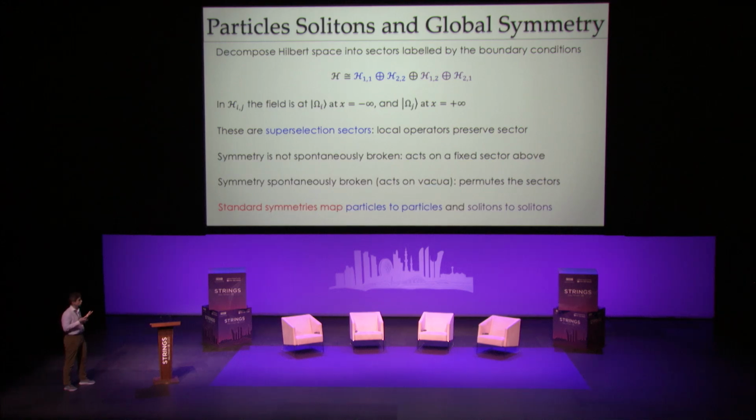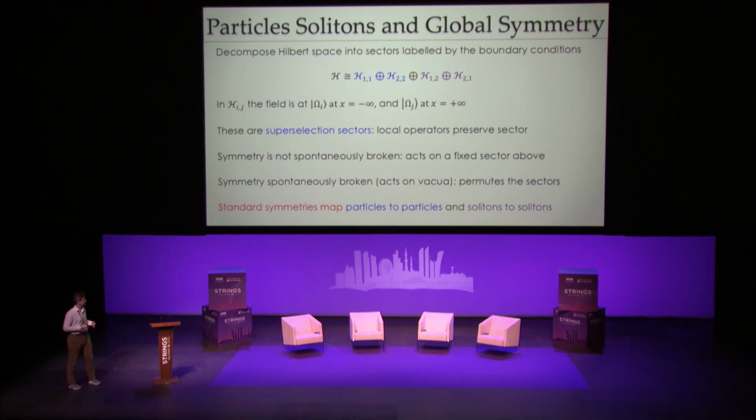Now, these are superselection sectors. What I mean by that is that if you act with a local operator, it preserves the sector that you're in. So local operators can't move you. Now, how is the interplay with symmetry? We can distinguish 2 situations. One is a symmetry which is not spontaneously broken. In that case, it preserves the vacuum state, so it acts on a fixed sector in this decomposition.